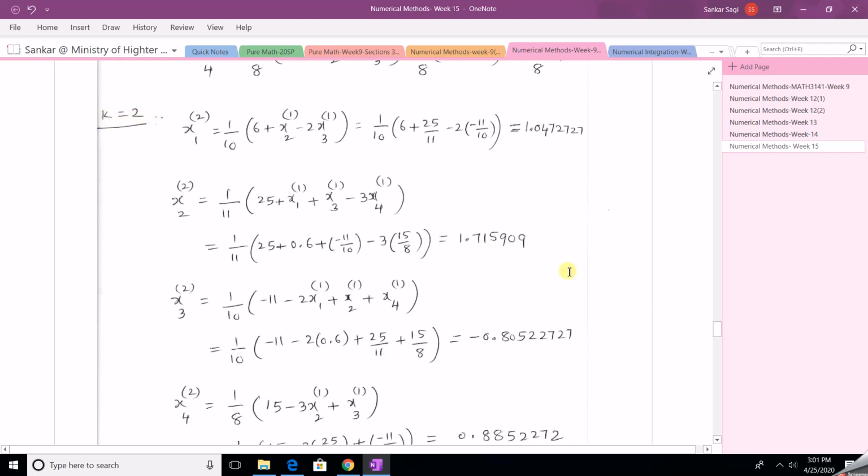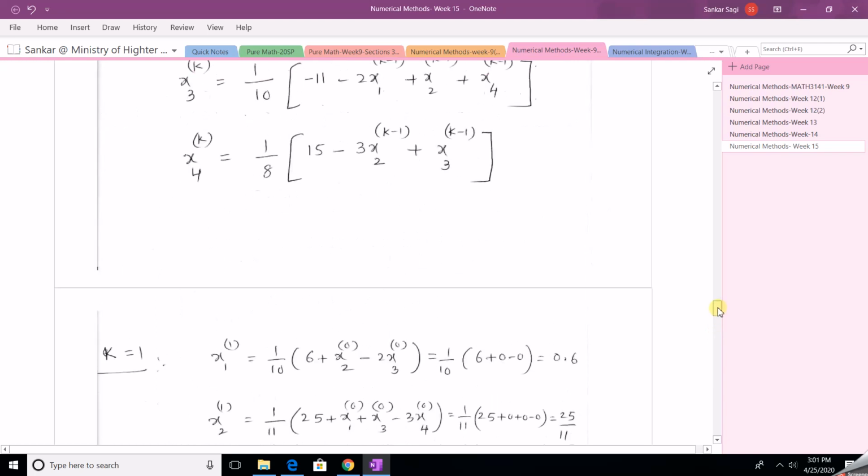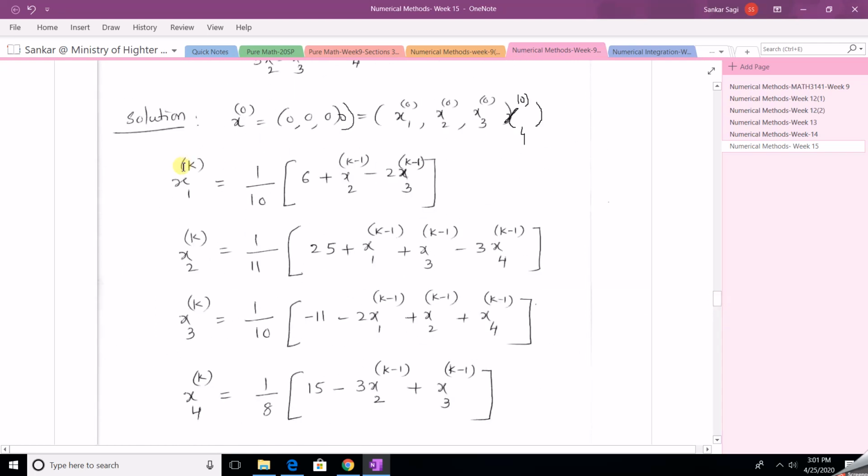When k equal to 2, k minus 1 will be 1. That means when we are finding the second approximation, we will use the first approximation values.